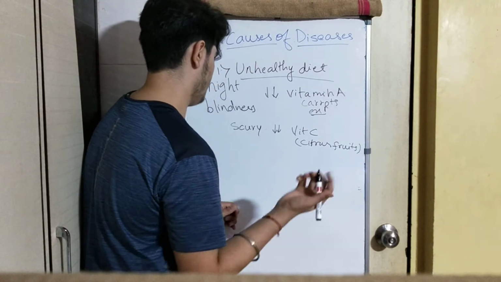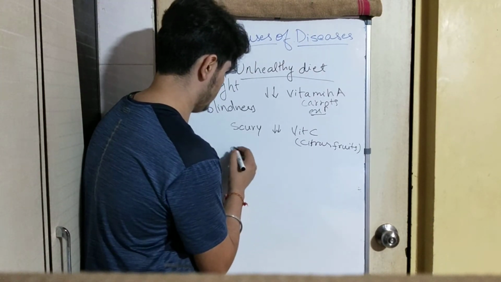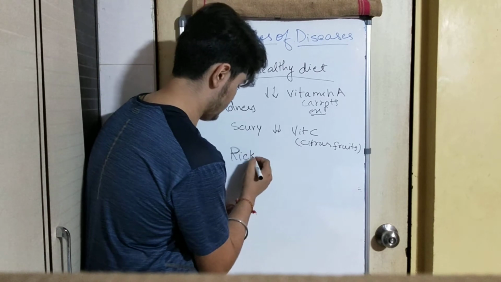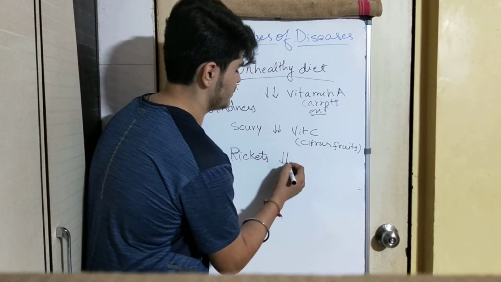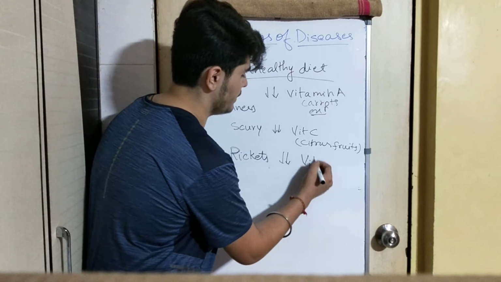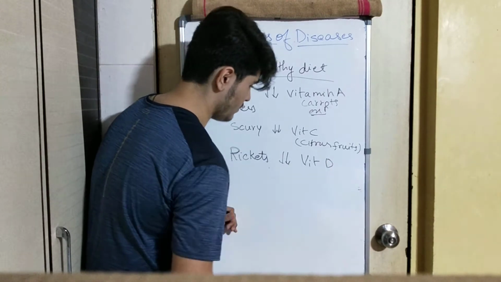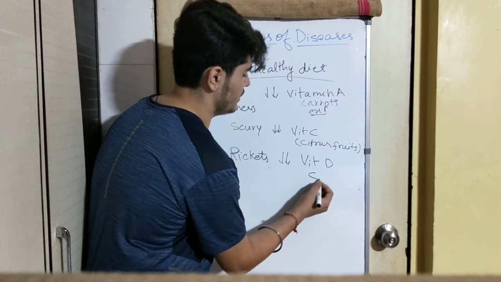Then rickets, which is caused due to less intake of vitamin D. The main source of vitamin D is sunlight.